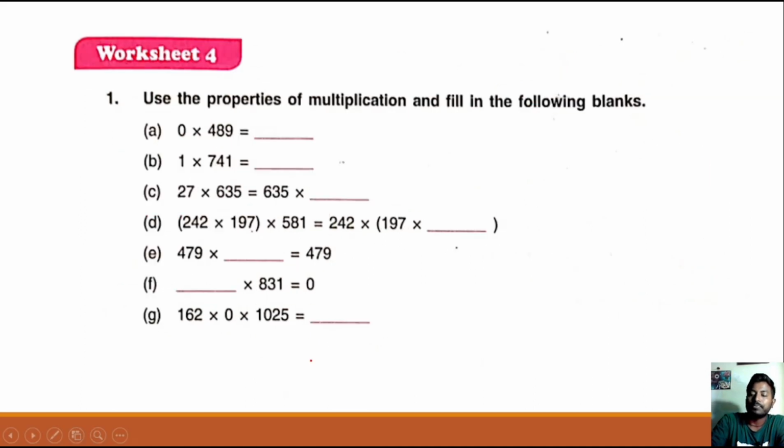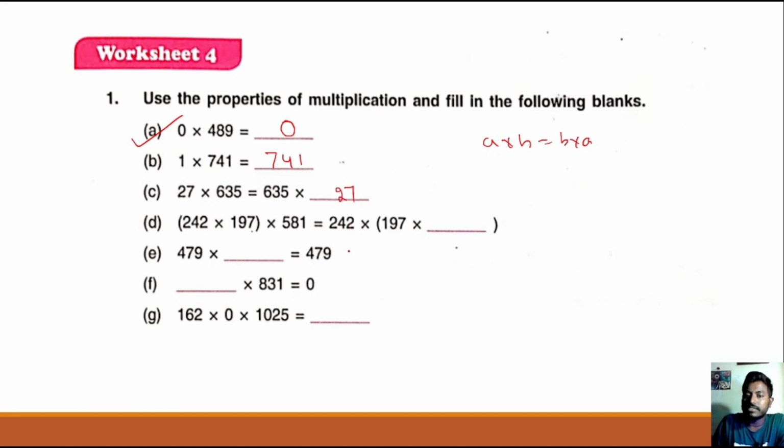Clear? Next, worksheet 1. First question, use the property. First, a number with 0 means the answer will be 0. 1 multiplied gives the number itself, that is 741. Now this is the first property, the commutative law, so we can write A into B is equal to B into A, that is 27.